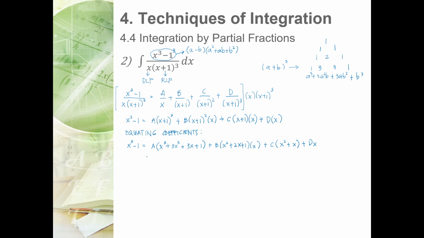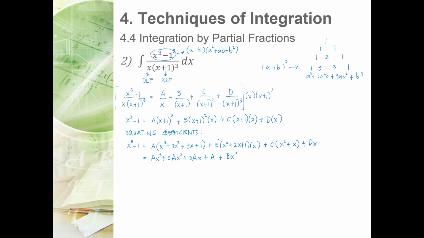I'm trying to expand further. So Ax cubed plus 3Ax squared plus 3Ax plus A. The next is Bx cubed.